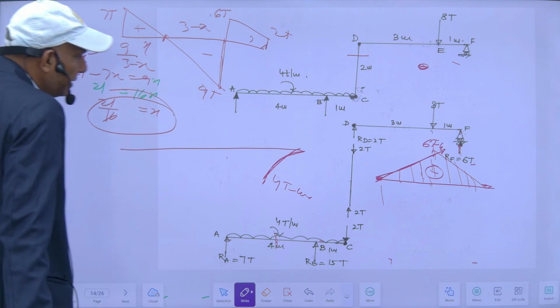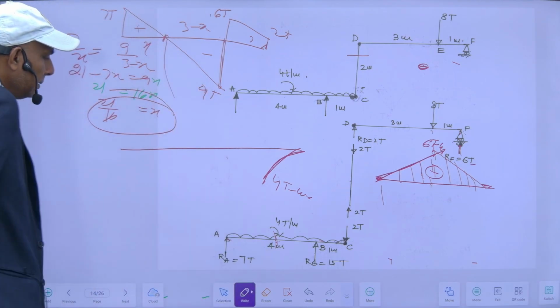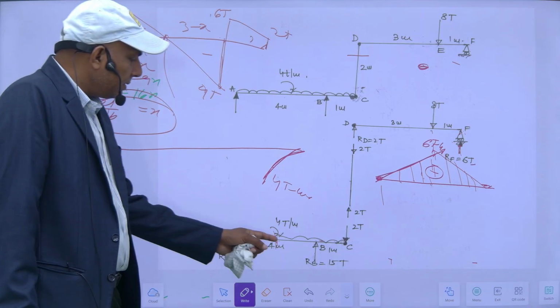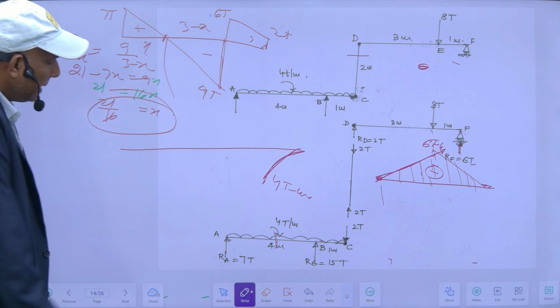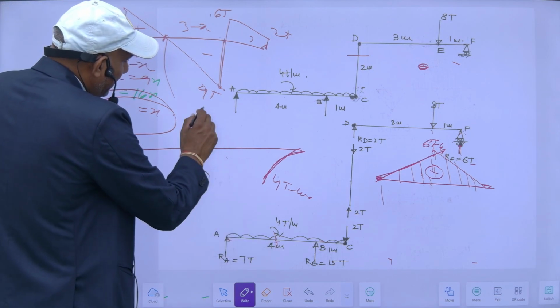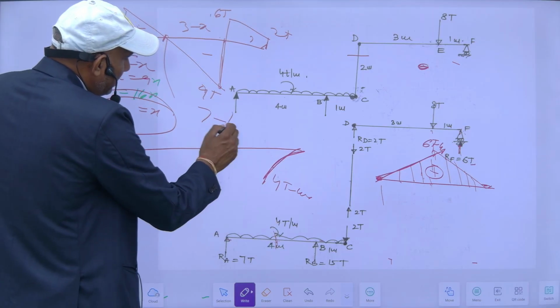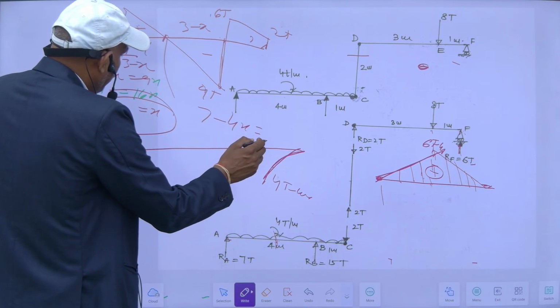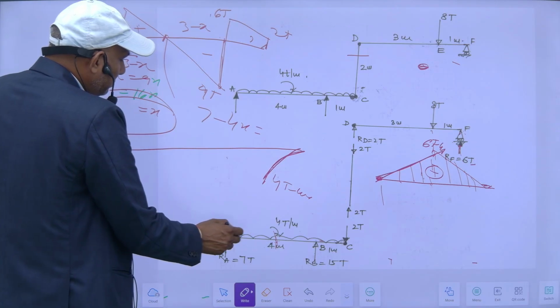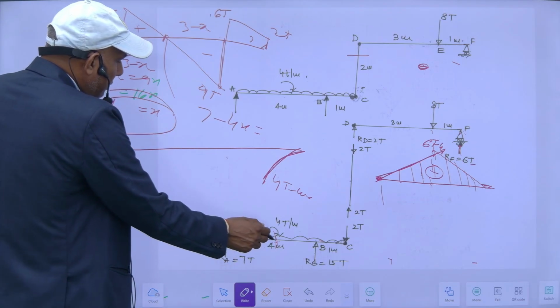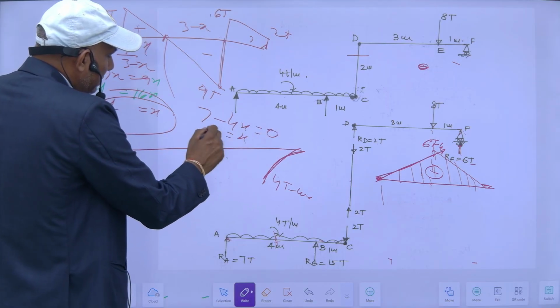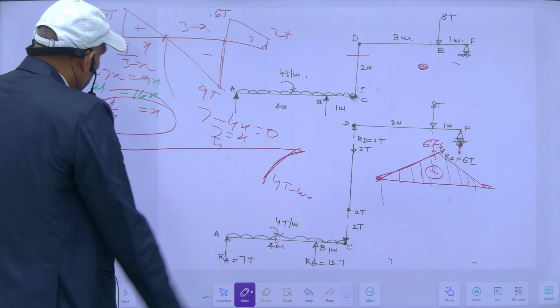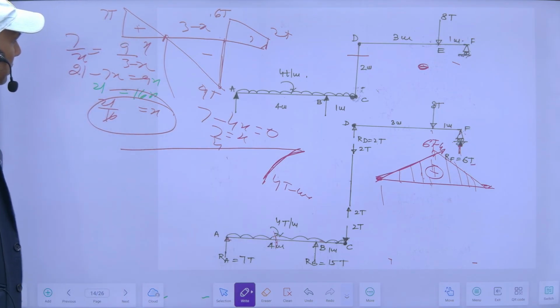With this I can find this point x, and after knowing this point, I can know its maximum bending moment. Otherwise, I can take the shear force 7 minus 4 into x is equal to 0, so x is equal to 7 by 4 here. Otherwise, in this triangle, it will be 7.